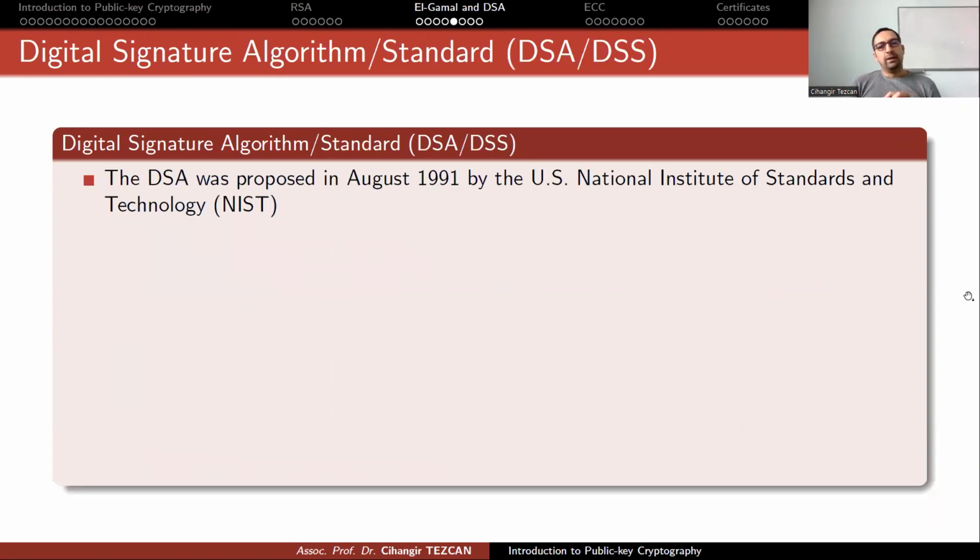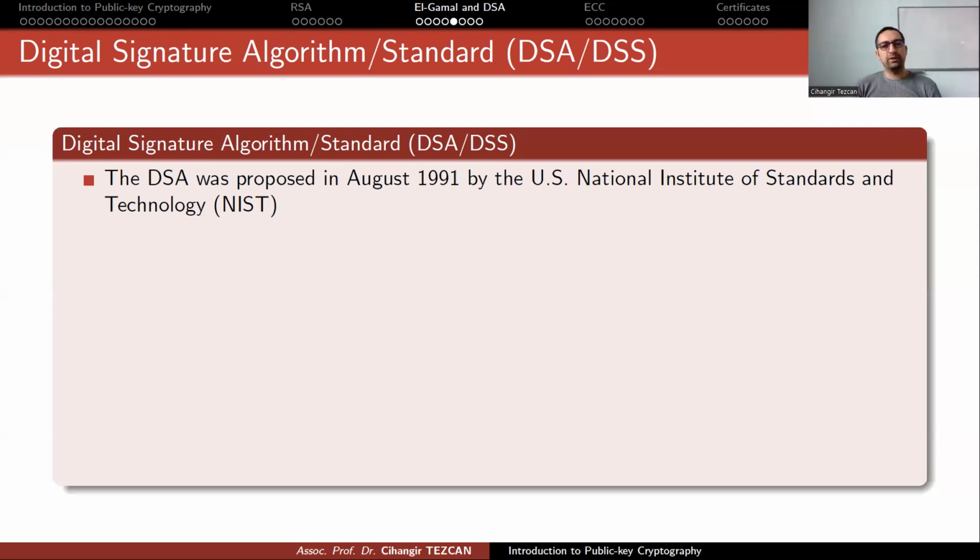The most known, but currently the one that we are not going to use in today's technology, is known as the digital signature algorithm, DSA, or also known as the digital signature standard, DSS. But we should stop using the word standard because most probably it will be removed in all of the standards in the foreseeable future.